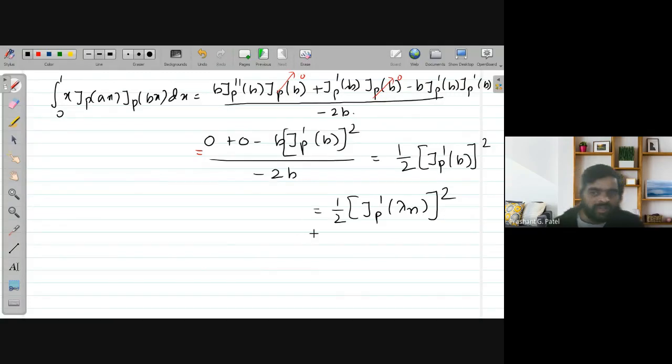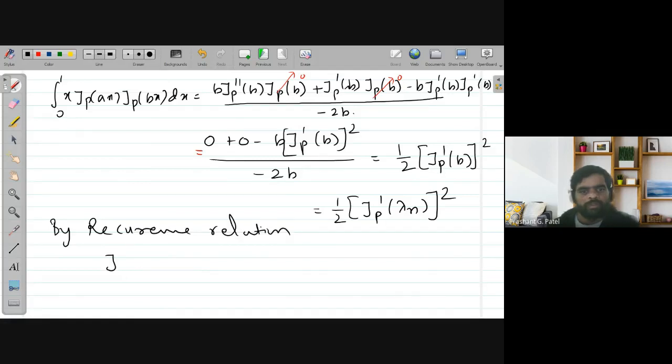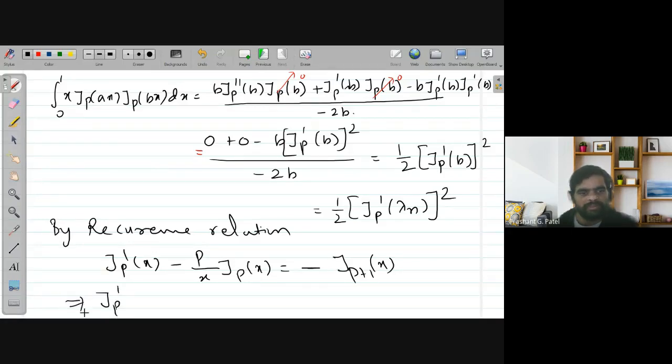Now by the recurrence relation which we have derived in the previous lecture, Jp'(x) minus p by x Jp(x) is equal to minus Jp+1(x). Now if you apply this at lambda n, Jp'(lambda n) minus p by lambda n Jp(lambda n) equal to minus Jp+1(lambda n).